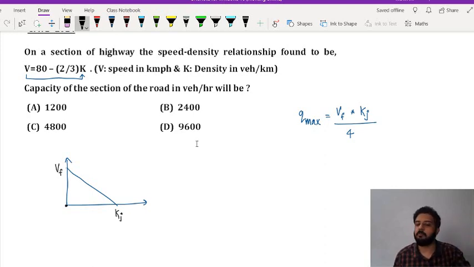The maximum value of the y-axis happens when the x-axis is minimum. Whenever density is equal to 0, your speed is going to be Vf, correct? If I put that concept in the equation, V is equal to 80 minus 2 by 3 K.